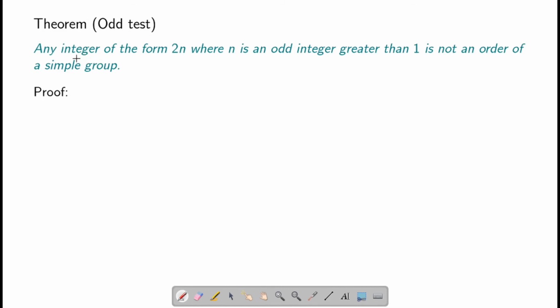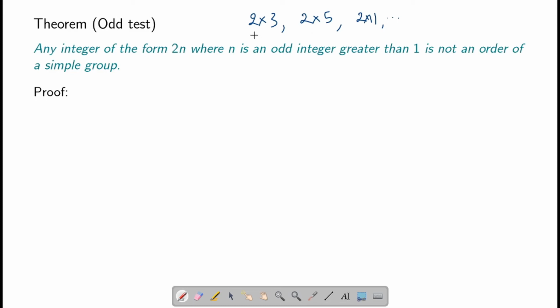Let us show that any integer of the form 2n, where n is an odd integer greater than 1, cannot be an order of a simple group. That means if you have numbers, say like 2 times 3, 2 times 5, 2 times 11, and so on, none of these can be orders of simple groups.